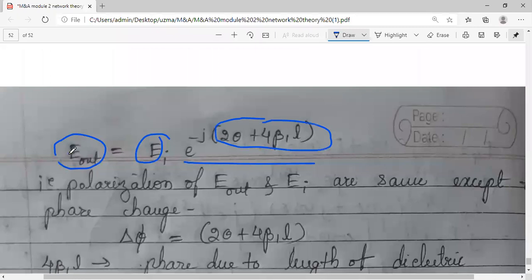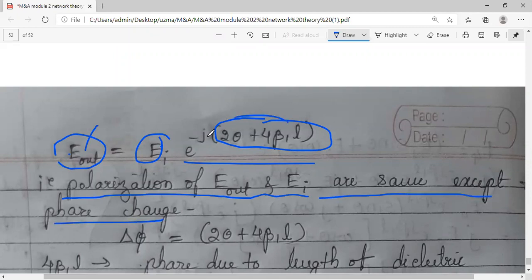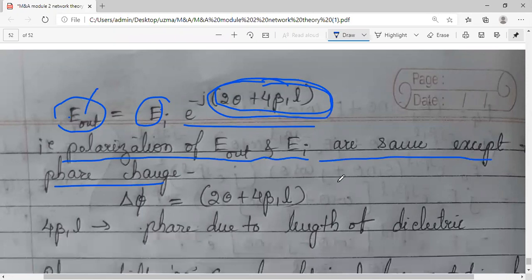So the E output, the wave that comes out of the output port, is in terms of EI, the incident wave. What is the phase difference between both? You can see the polarization of E output and EI are the same except for the phase change. What is the phase change? It is 2 theta plus 4 beta 1 L.